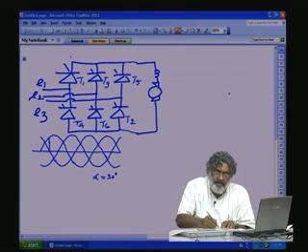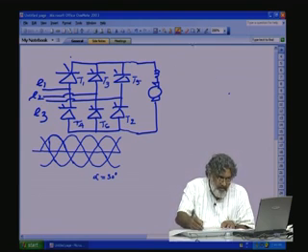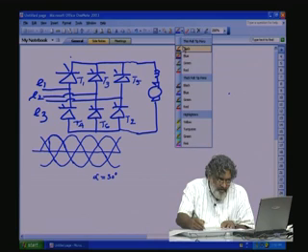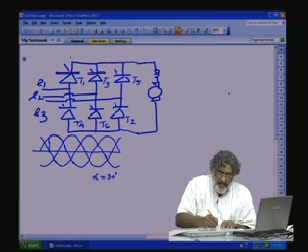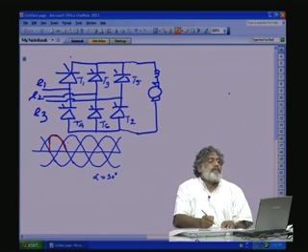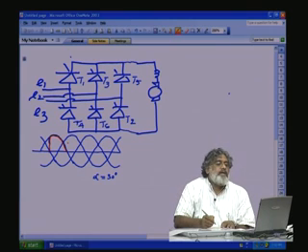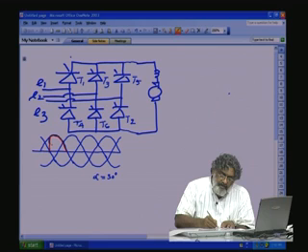This is E1. We will use a different color, red, so that the clarity of the ripple will be clear. So, this is the voltage ripple coming across the load when T1 is turned on. Okay, this is T1.